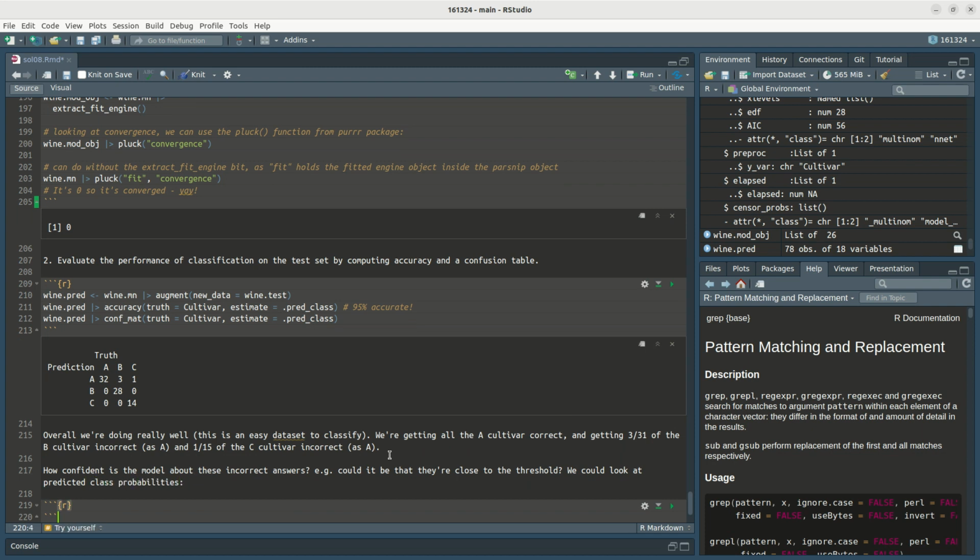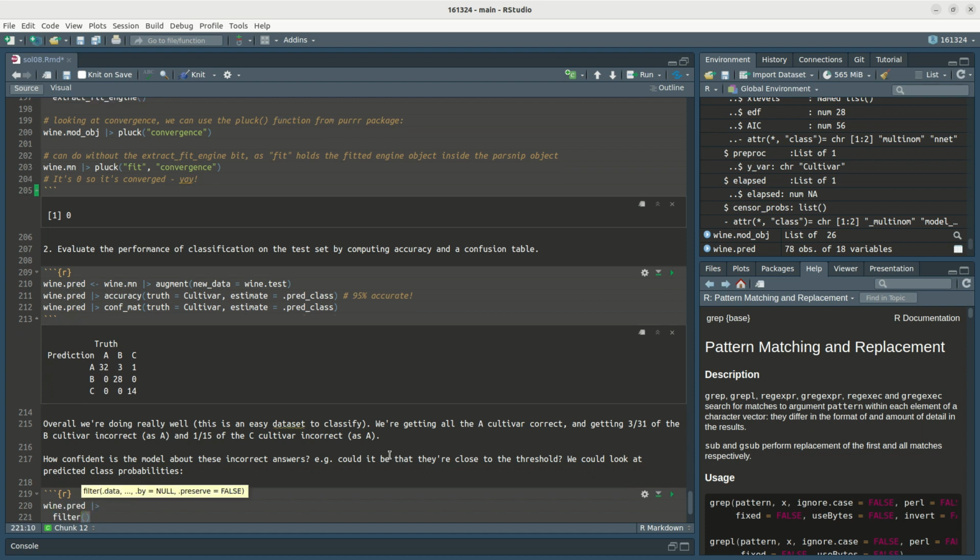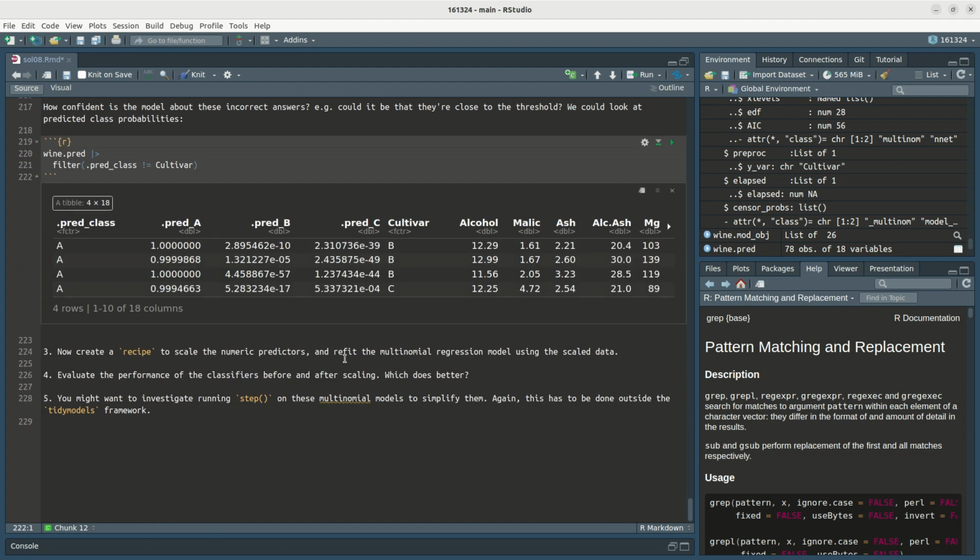We could have a look at our wine.pred, and we could just filter where the predicted class is not equal to the true class. And in fact we see that the model is actually super confident. So here it's 100% confident, essentially, that this observation here is class A when it was in fact class B, and the same for the others.